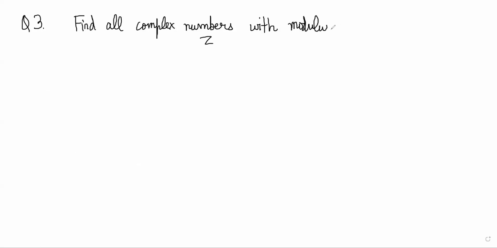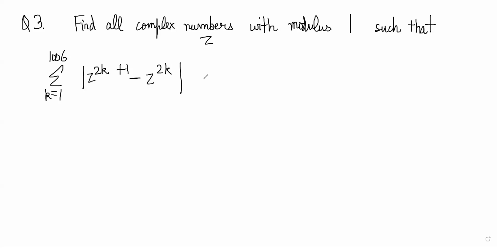In this question, we have to find all complex numbers with modulus 1 such that the summation k goes from 1 to 1006 of mod of z to the power 2k plus 1 minus z to the power 2k is equal to the summation k goes from 1 to 1006 of mod of z to the power 2k plus 2 minus z to the power 2k minus 2.